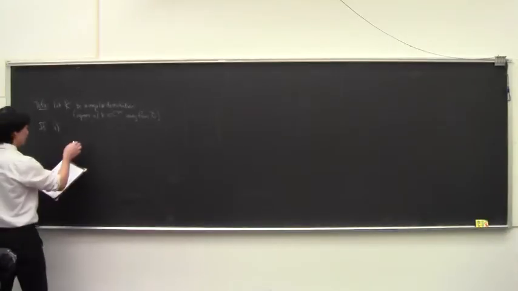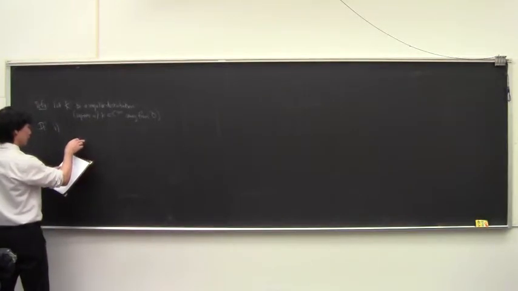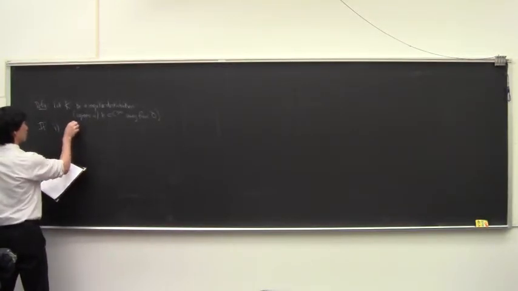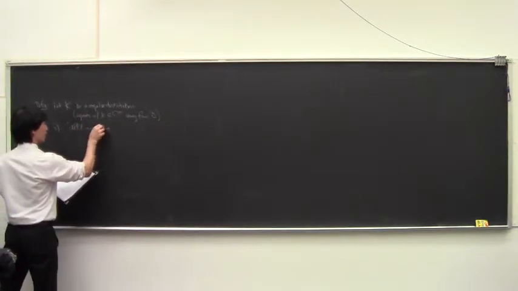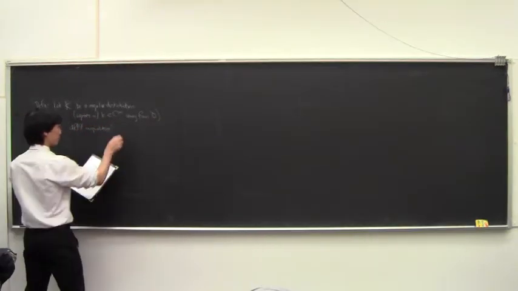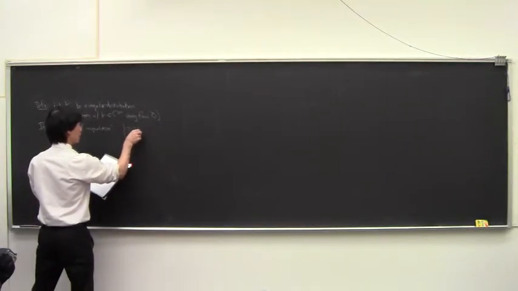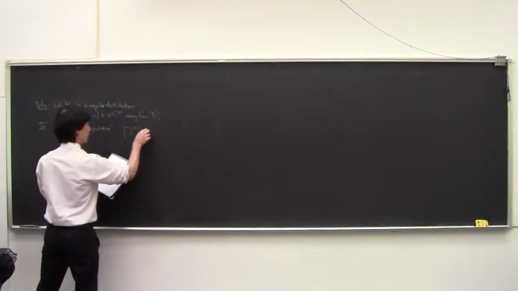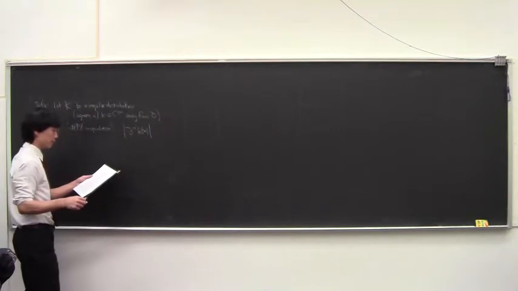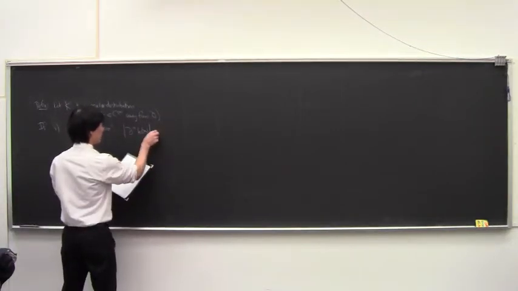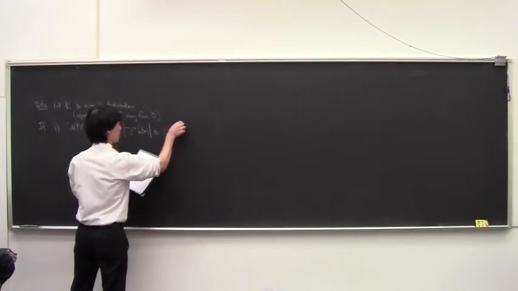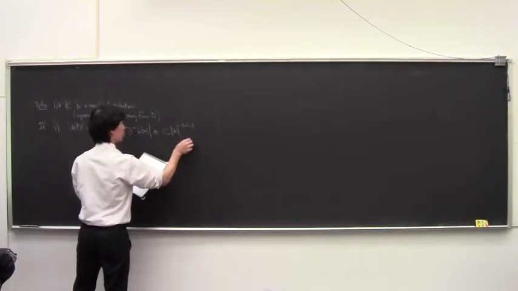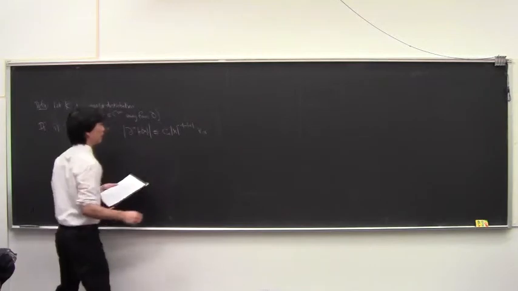The first is the differential inequalities condition, that the derivatives of K behave like this for all alpha.